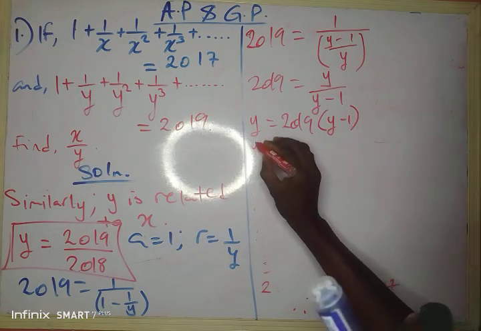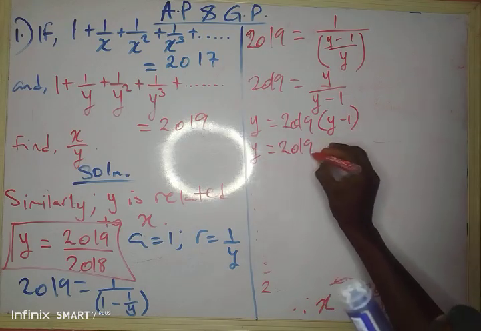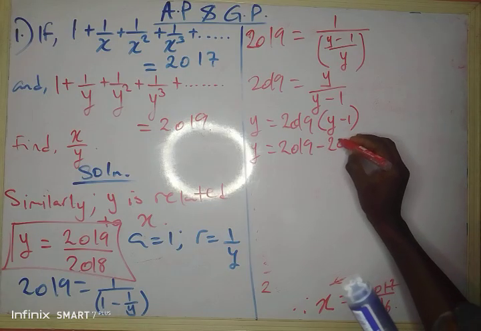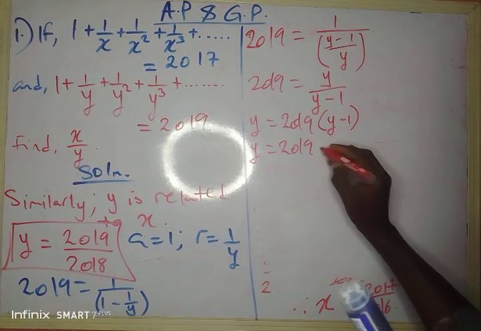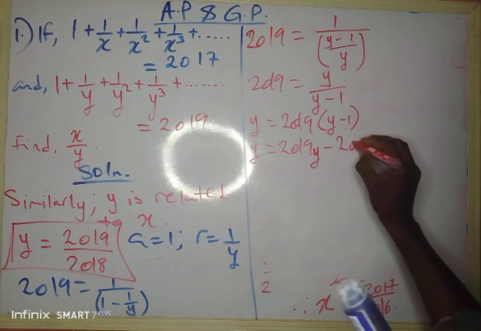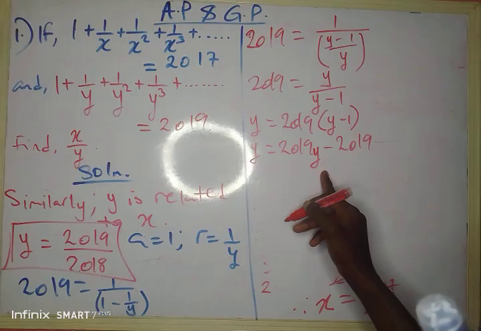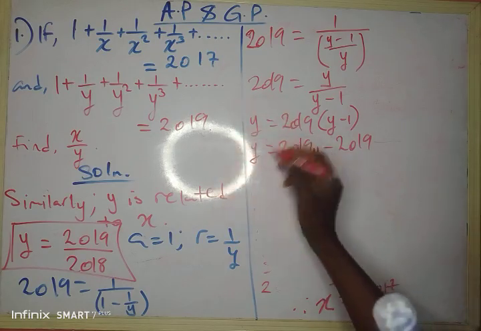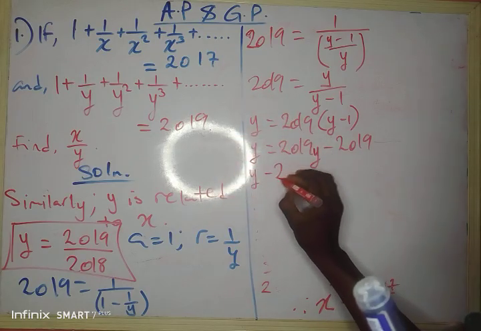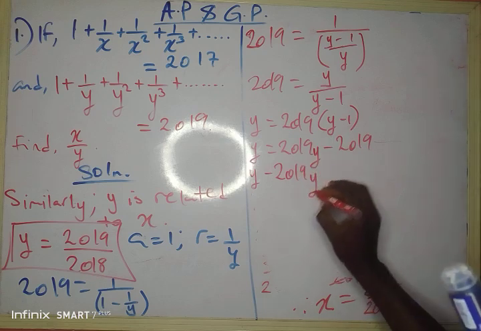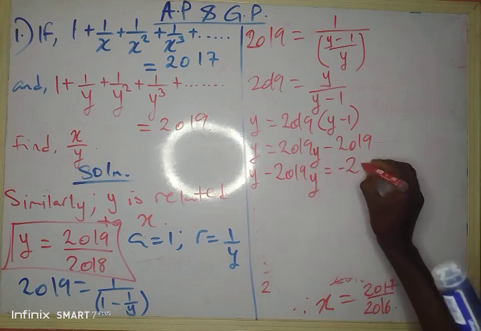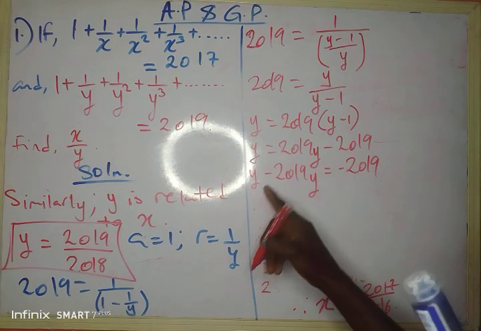Open the bracket: y equals 2019y minus 2019. Collect terms: y minus 2019y equals minus 2019. That's minus 2018y equals minus 2019.